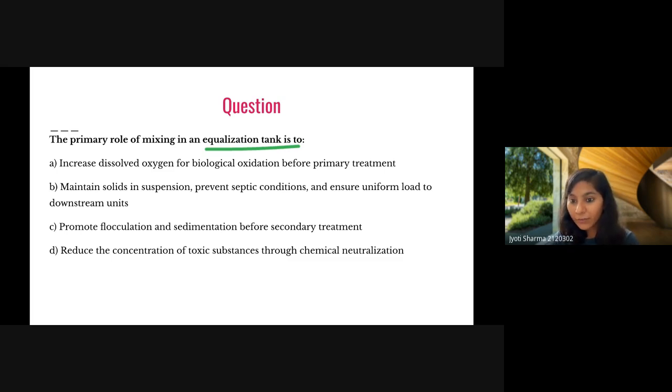You have already given me the answer. Dia and Priscilla, okay, you gave me answer B. So yes, equalization means you are equalizing the solution, or making the solution uniform in nature.